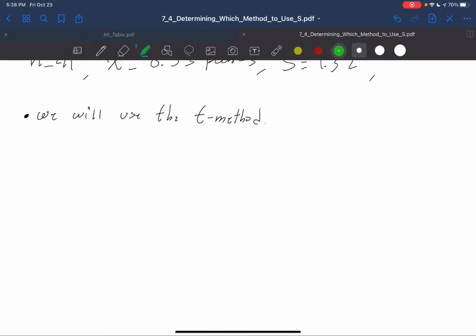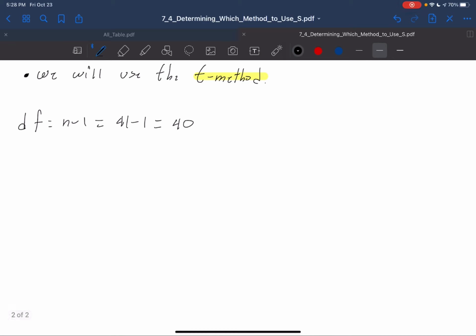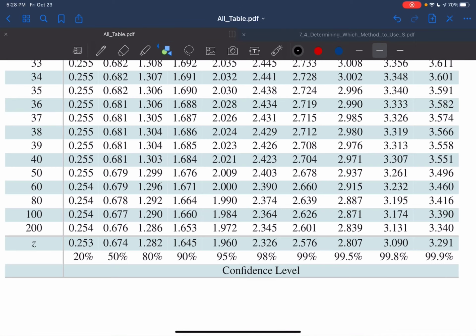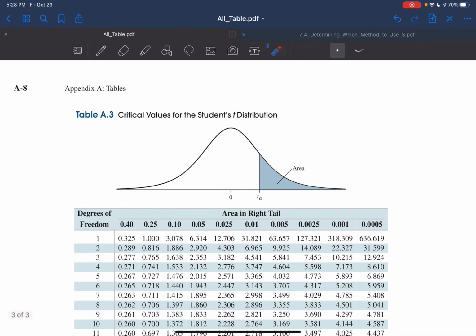With the T method, we need to know our degrees of freedom, which is just n minus 1, or 41 minus 1, which is 40. The reason we need the degrees of freedom is so we can compute our critical value, t of alpha over 2. So we look at our table here, which is the critical values from the student T distribution, and it's on Blackboard.